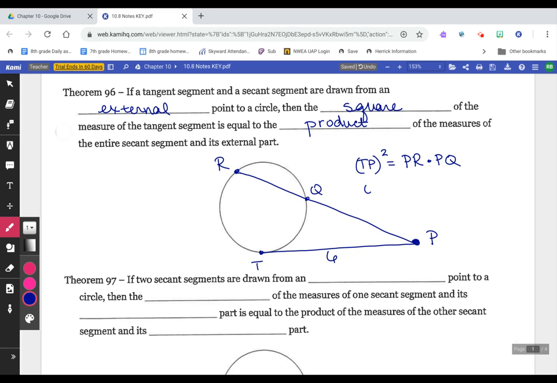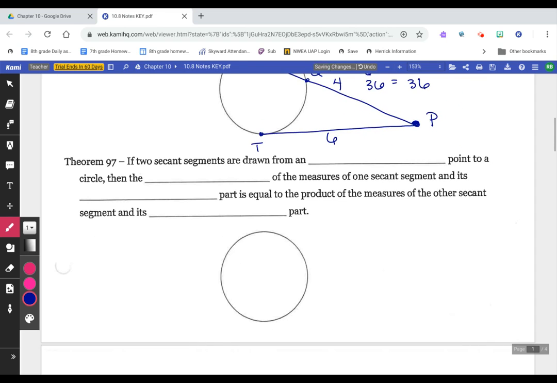So if we had 6 squared, that's 36. That would be equal to, if we made this 4, then we have to make the inside 5, because the entire piece would be 9, and then that external piece would be 4. So that would be 36 as well.